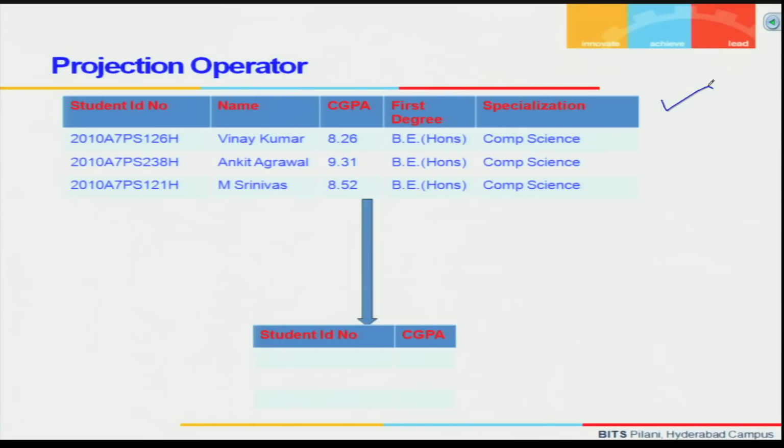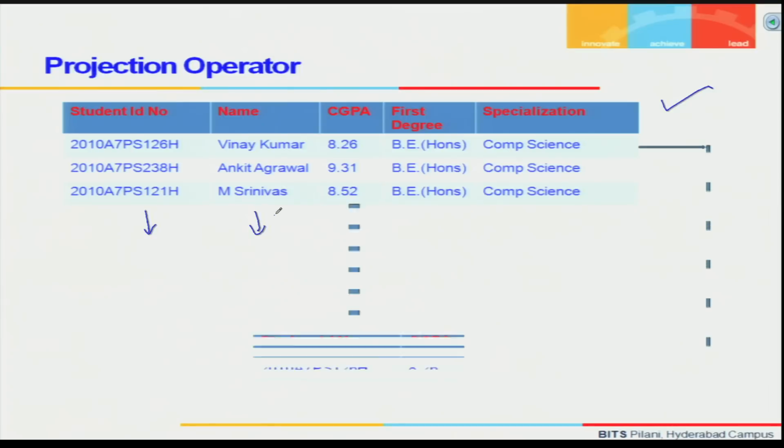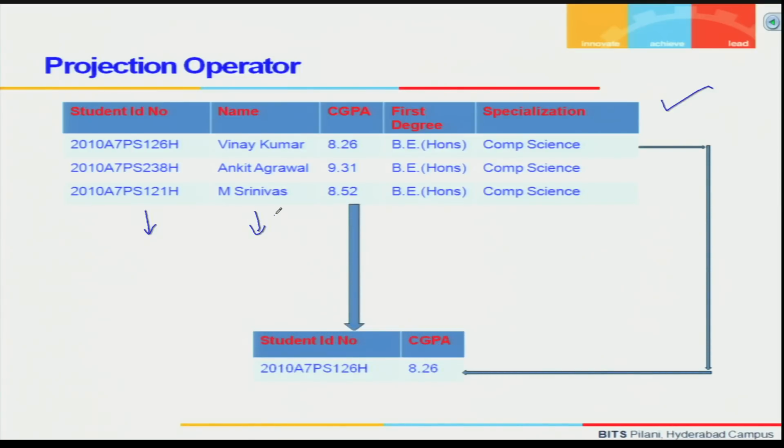When you apply the projection operator, you can say which sets or columns you want in the resultant relation and which you don't. Possibly you can say, in the resultant relation I want only student ID number and CGPA, the rest of the columns I don't need, or the rest of the sets I am not interested in for now.